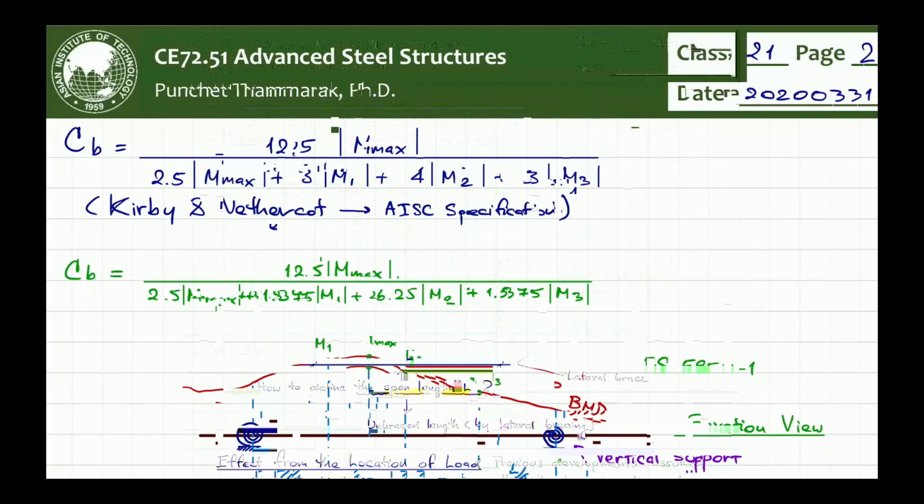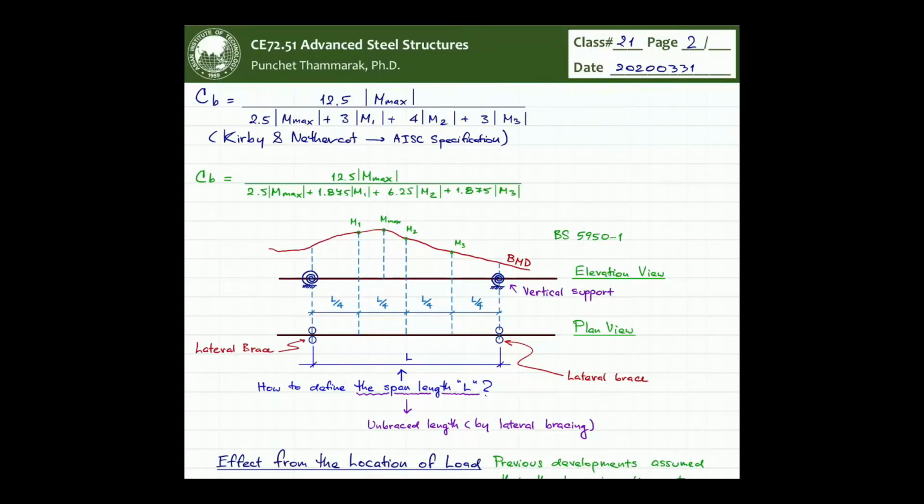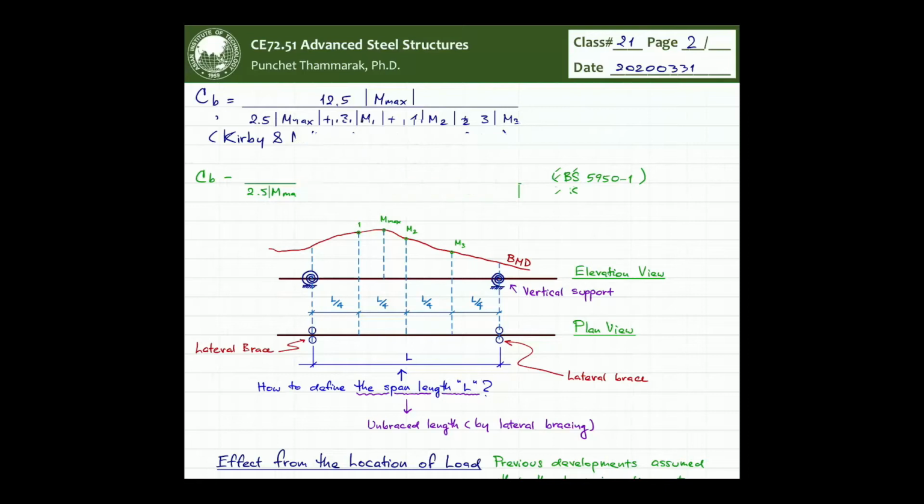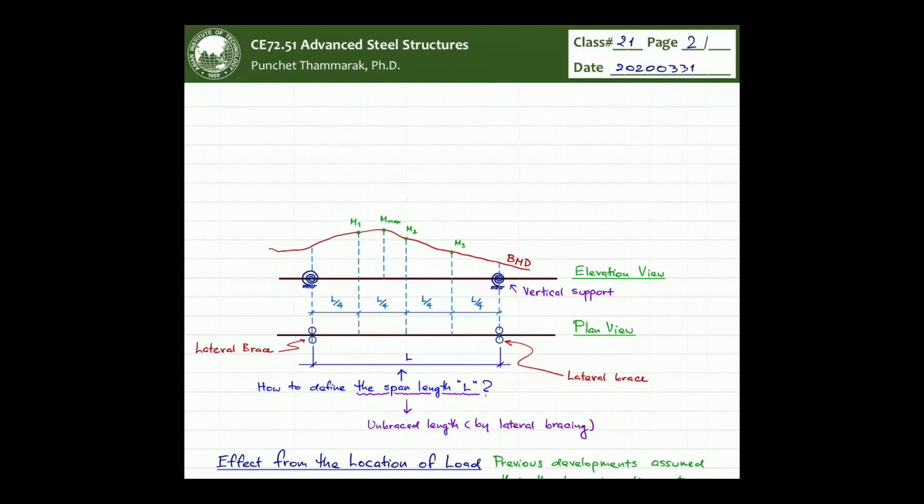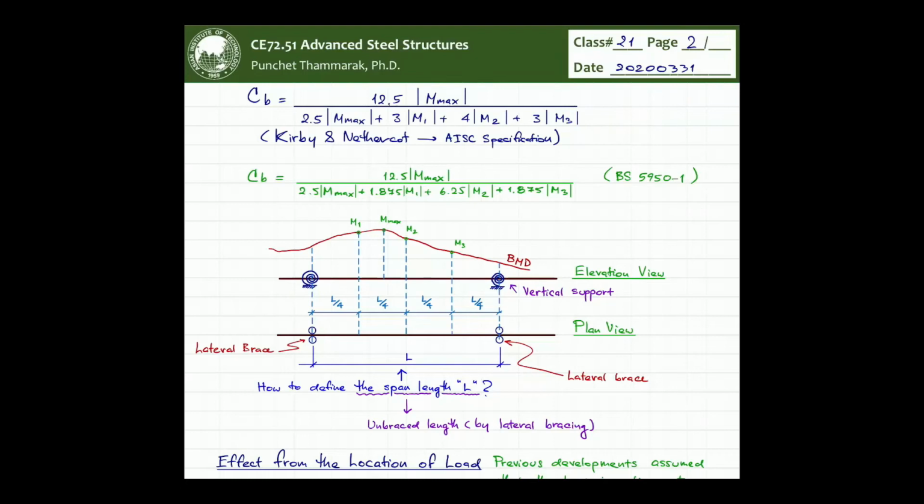Okay, this is the BS code. Right, whichever you want, or if you are the conservative person who gets scared of everything in the design, then you want to pick up the lower of these two.